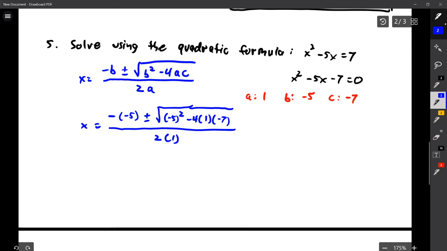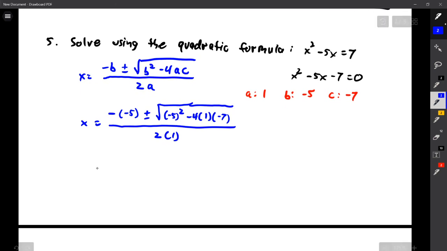Now we just do some calculator work. Well, a negative 5, that's just 5. We have plus or minus, and let's see what all this inside the square root comes to be. So negative 5 squared, that's 25, because negative 5 times negative 5 is 25. And then I have negative 4 times 1 times negative 7. Well, that's the same thing as 4 times 7, so that's 28.